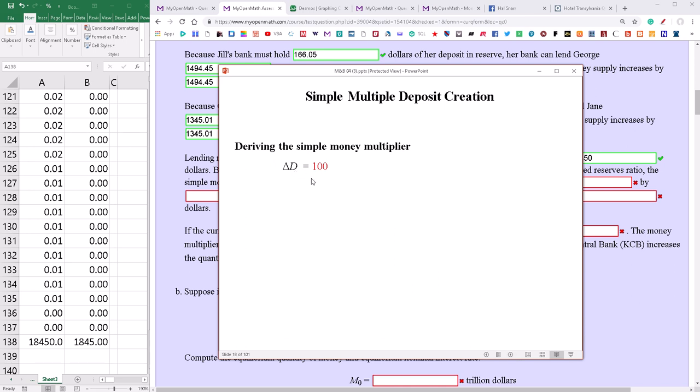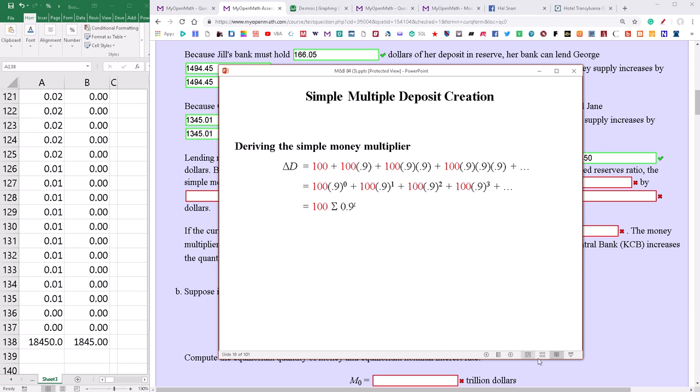Okay, so if the change in demand deposits was 100 instead, then this 0.9 comes from the fact that the bank can lend out 90% of that $100 in new money, and has to keep 10% on reserve. So we do this off into infinity, and we get the change in demand deposits equals 100 times the sum of 0.9 raised to the ith power.